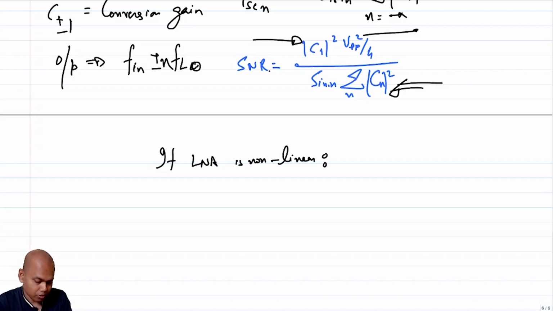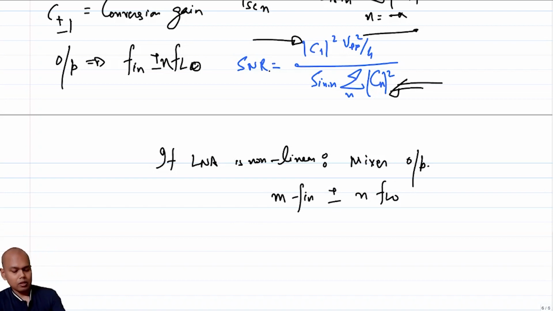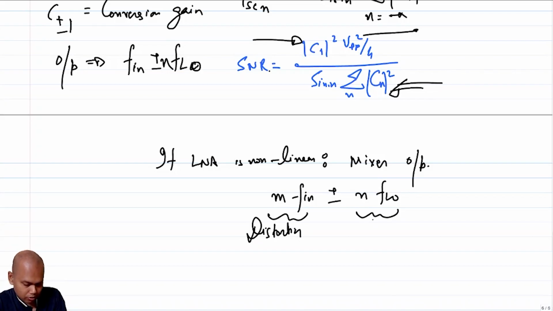Then the mixer output will have frequencies of M Fin plus minus N FLO. By the way, the M Fin part is due to distortion, and the N FLO part is due to sidebands.